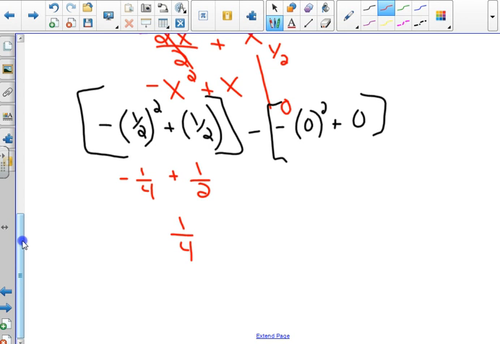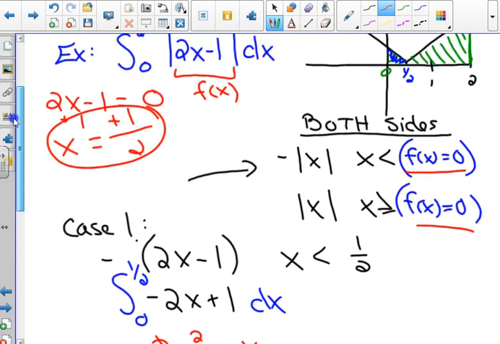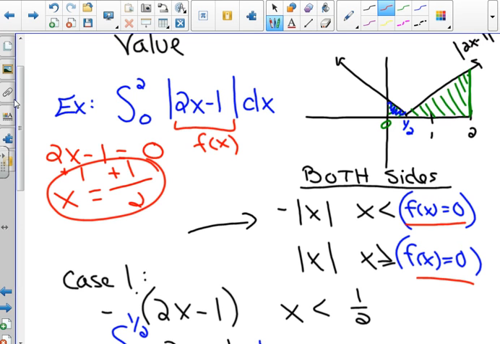Okay, and then if we're minusing over here, we're going to get a 0, so it's just 1/4. And then you have to do the second case. Yep, now we do the second case. So what this shows you guys, the area of just this little piece up here is 1/4. Yes, exactly. Yep, you got it, Carolyn.